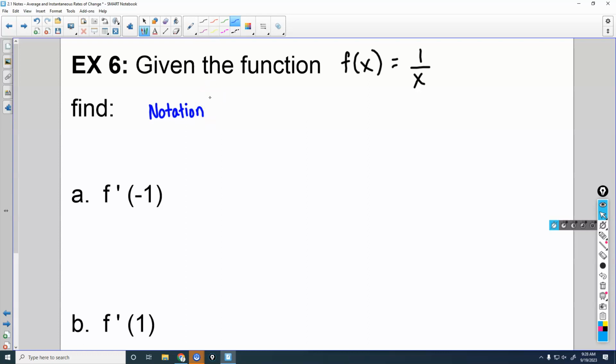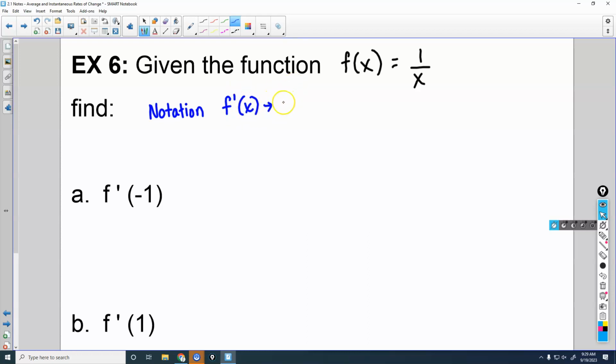F star was a specific thing just for that one problem that you won't see again. They defined it for that purpose. So F star you will not see again. This is F prime. And I'm just going to put an X right there.